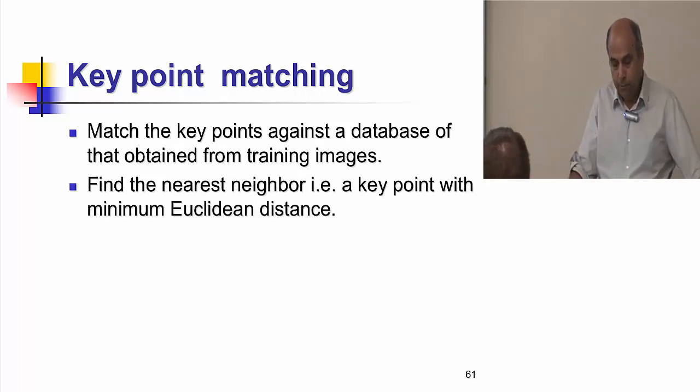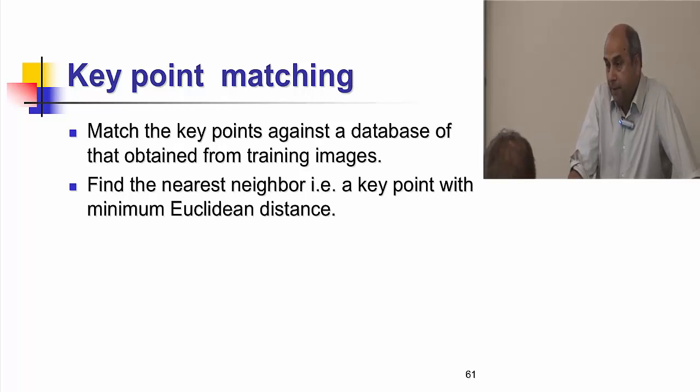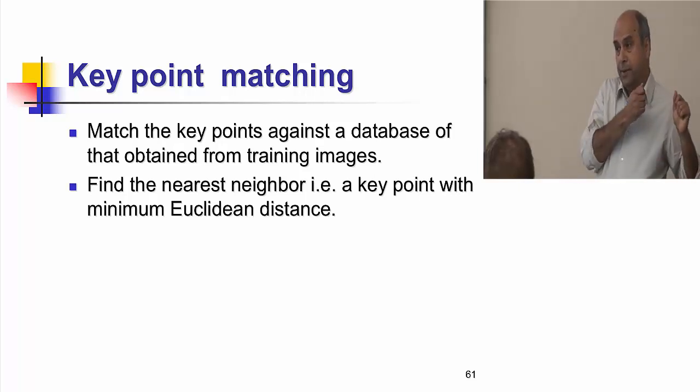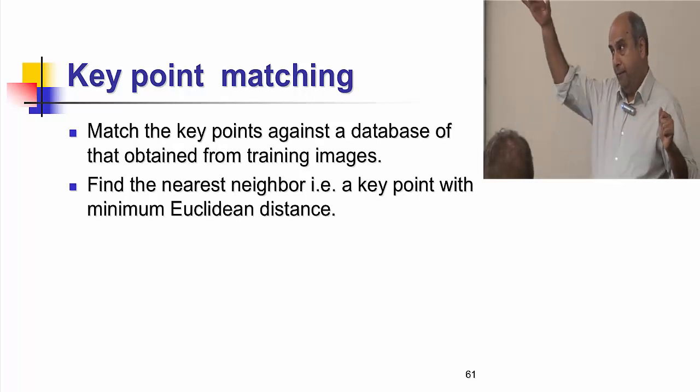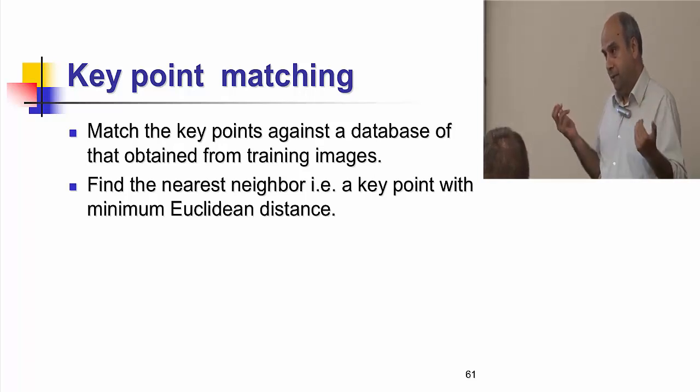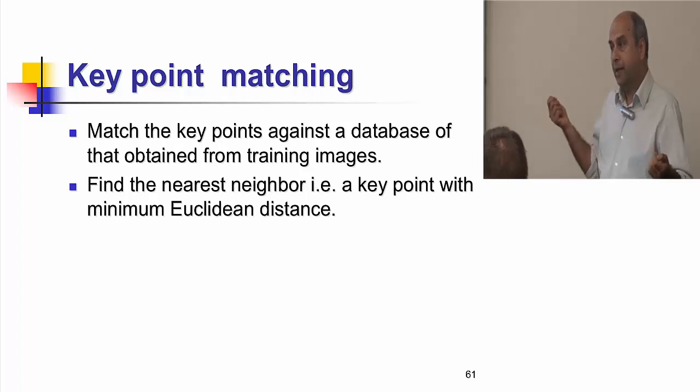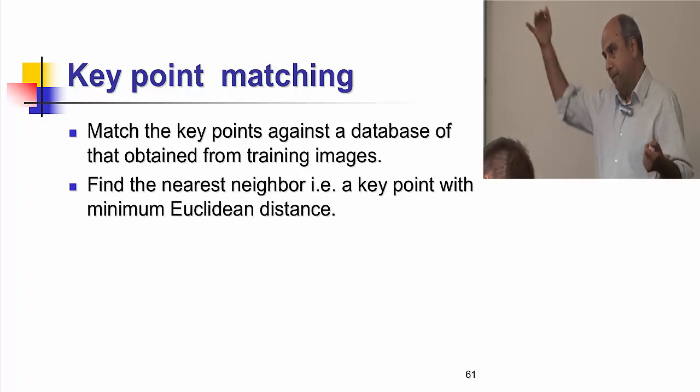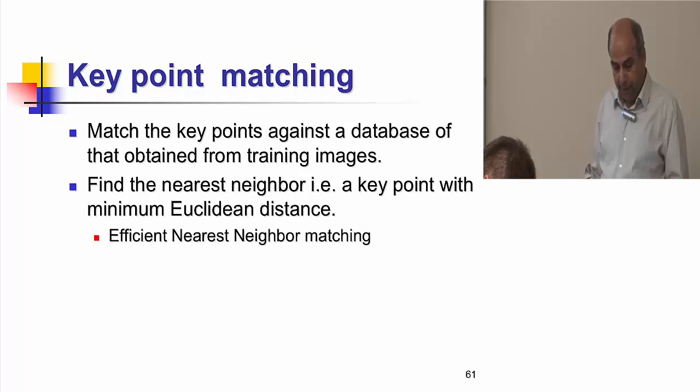The obvious way to find the best match is this: we have a 120-dimensional feature vector, and we have lots of these feature vectors, and we just find the Euclidean distance. If it is exactly the same, the Euclidean distance will be 0. That's the nearest neighbor. Maybe it's not exactly the same, but it will be a small number compared to the other ones. So we are going to compute that.